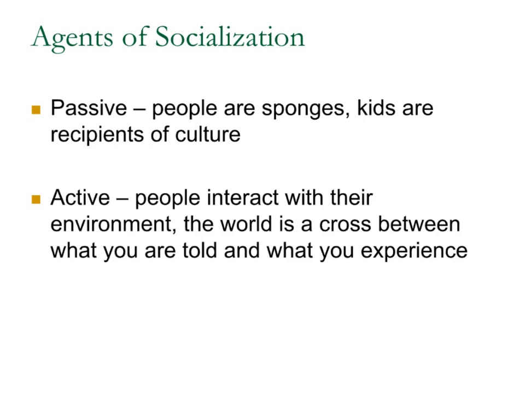Now there's another view of socialization, which is a more active view. And that argues that people aren't sponges. They don't simply adopt the environmental norms that surround them. Instead, they interact with their environment.